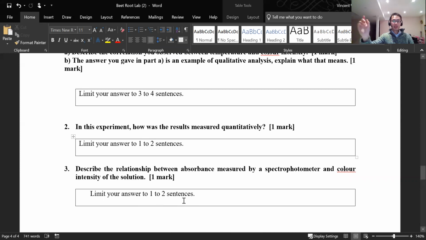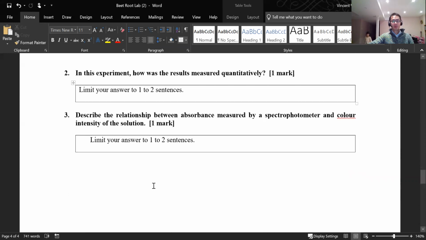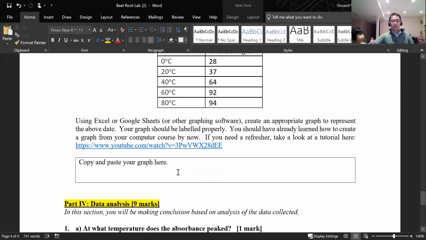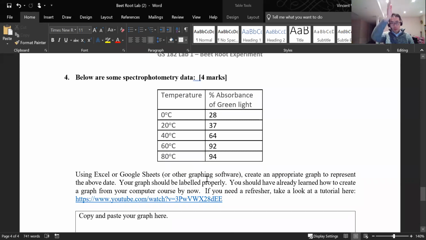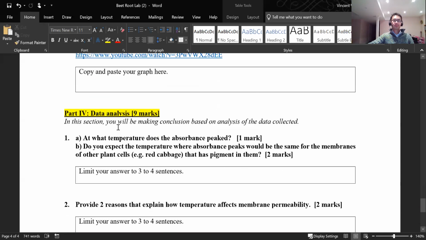I just told you what it was called, and I still gave you the mark, so don't worry about it. Over here, you will lose marks for the graph if you didn't label your axes, or if you used the wrong type of graph. Some people have 2 lines instead of 1 line. You should have a single line where the y-axis is absorbance and the x-axis is the temperature.